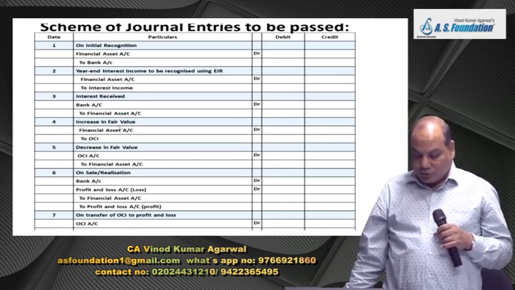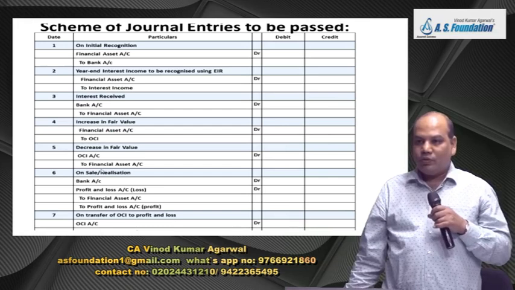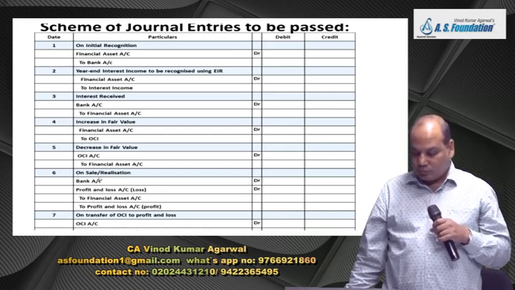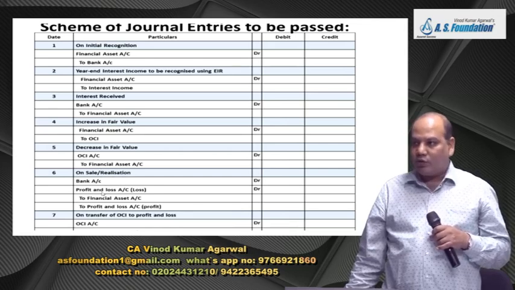the amortized cost category. These 3 entries look similar to amortized cost entry, but there is an extra calculation we have to do. Change in fair value will pass one entry, financial asset to OCI or OCI to financial asset. On sale or realization will pass the entry, bank account debit to financial asset.